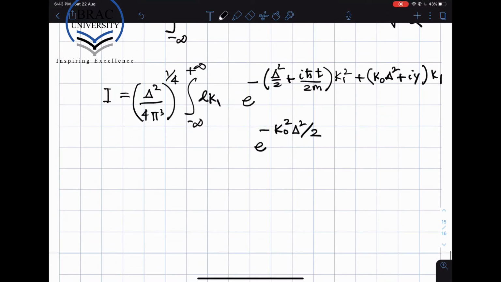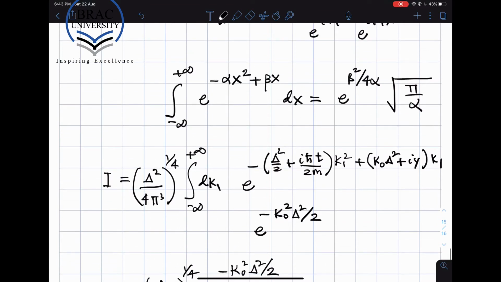So let's do that. We have our normalization, and then this factor is pulled out. And then for the rest of it, we use the Gaussian integral that we showed here. So this is alpha and this is beta.